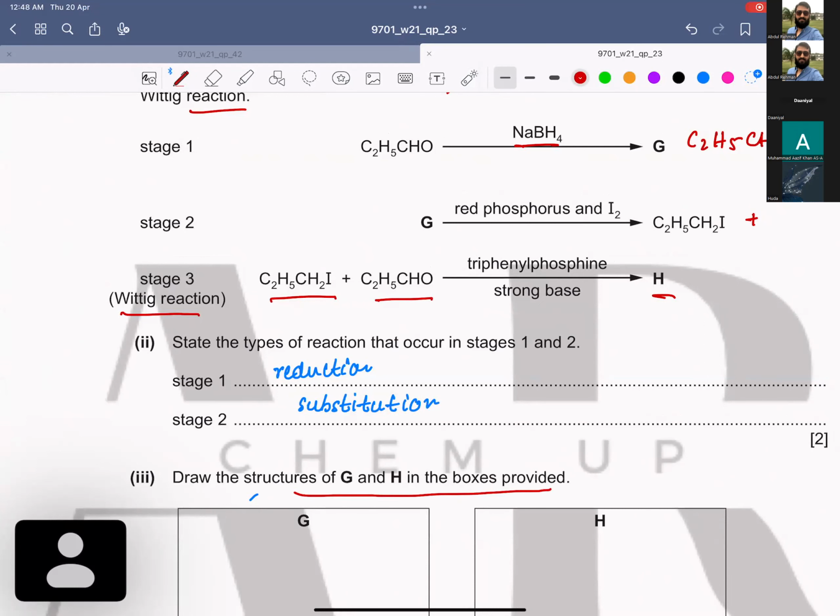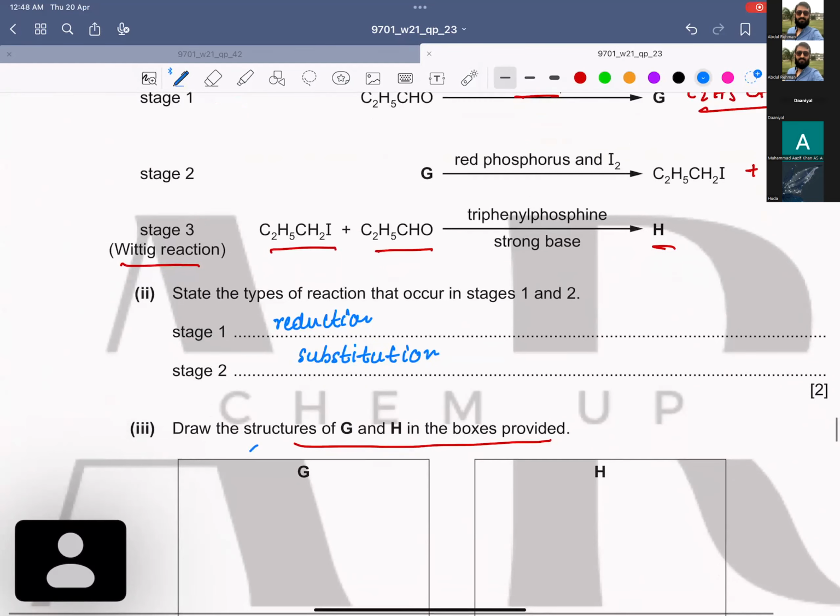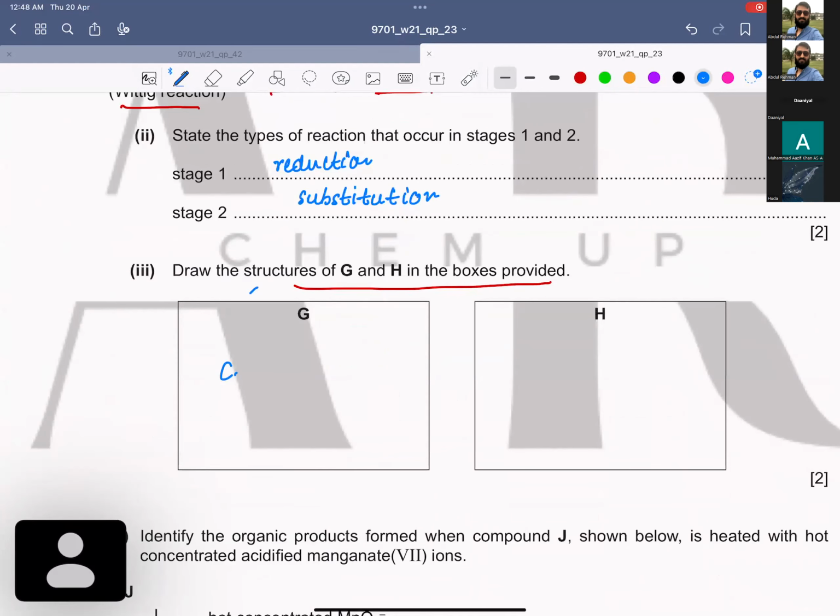Okay, so G is drawn as its structure. It is C2H5OH, right?